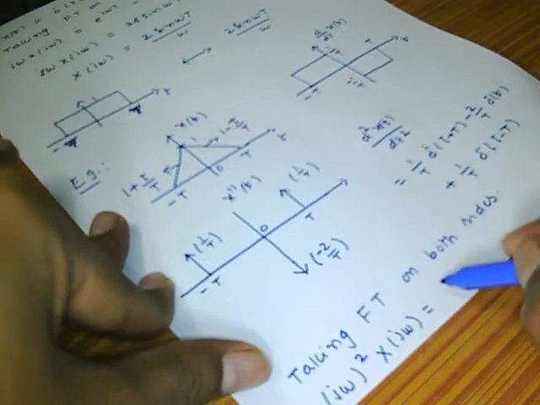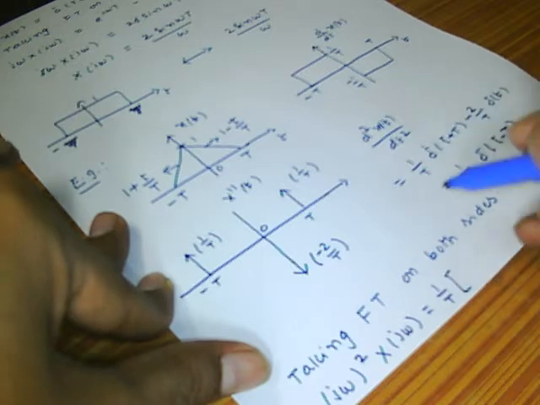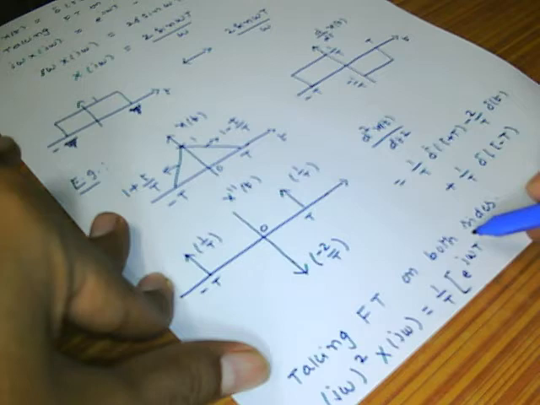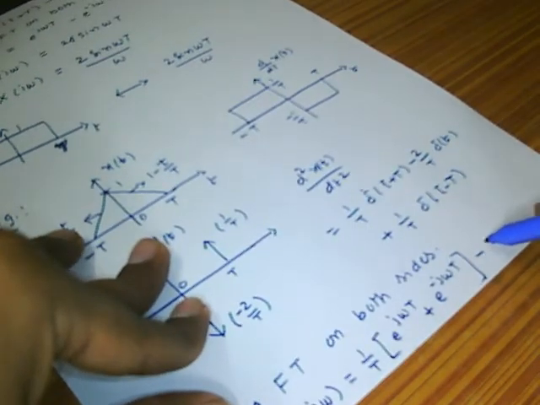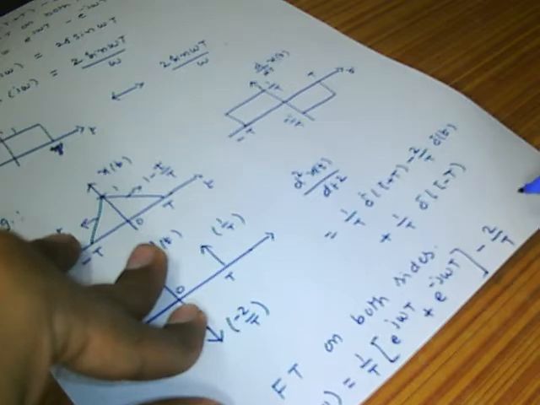For these two terms 1 by T is common, so I get e power j omega T plus e power minus j omega T. Then minus 2 by T into delta of t, whose Fourier transform is 1.